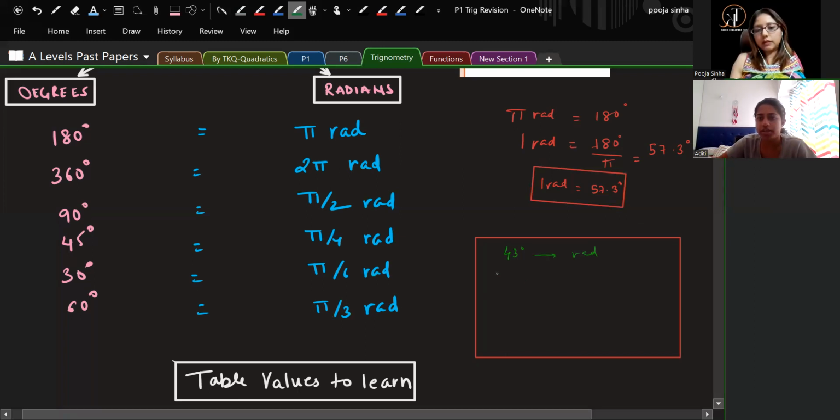For 43, we can try converting it to pi. 180 degrees is equal to pi, then 1 degree is equal to pi by 180. This is in radians. So 43 degrees would be pi by 180 into 43. What did we do? I just used the unitary method.